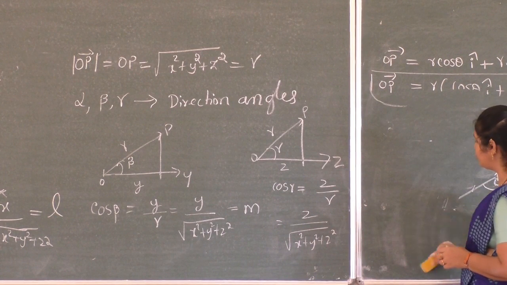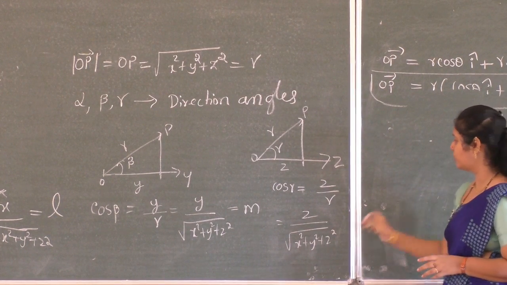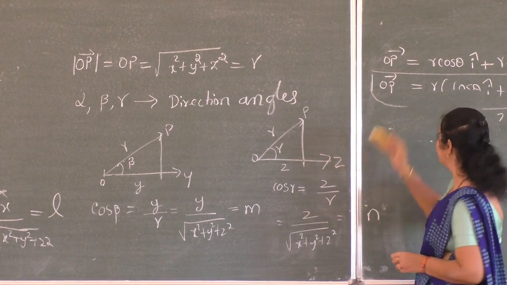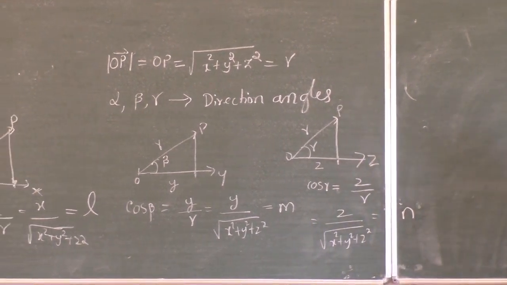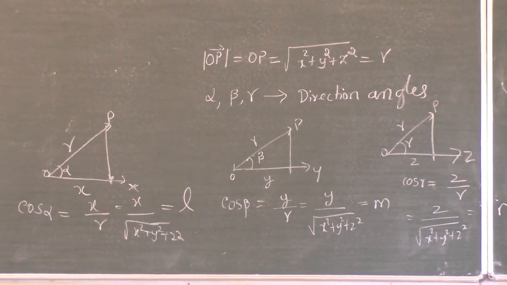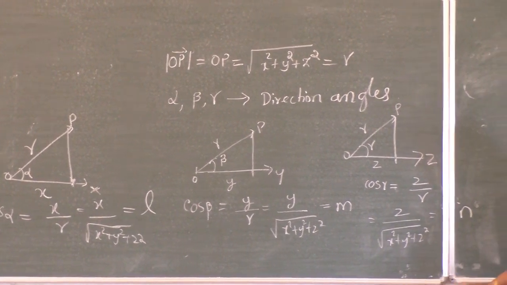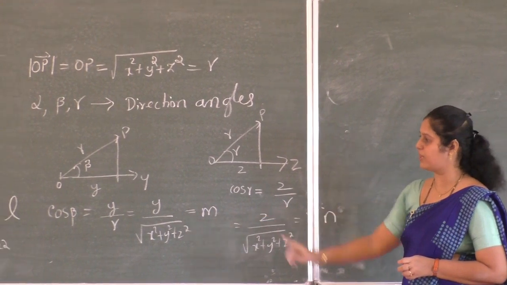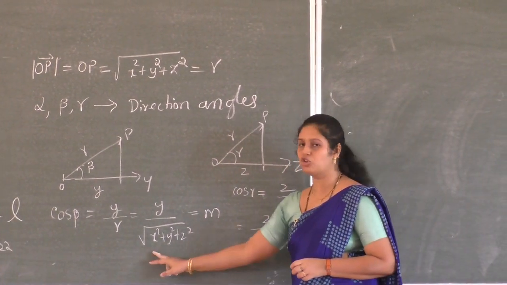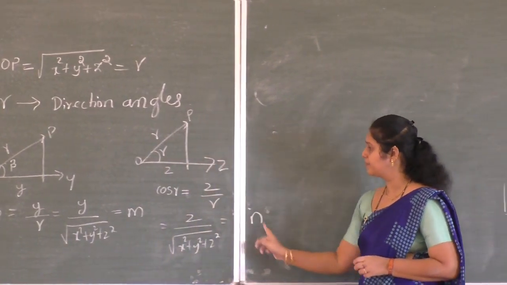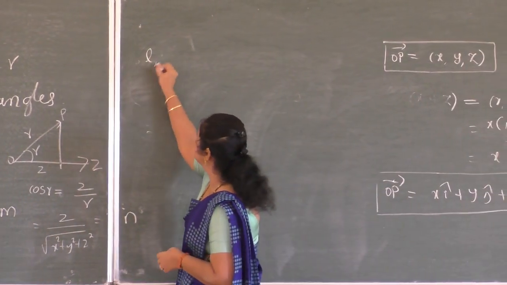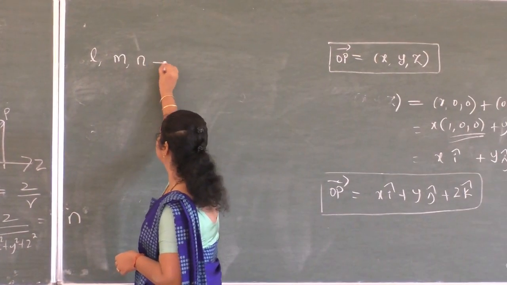That is equal to, I will call it n. Now we can see L, M, N: L is cos alpha, M is cos beta, N is cos gamma.